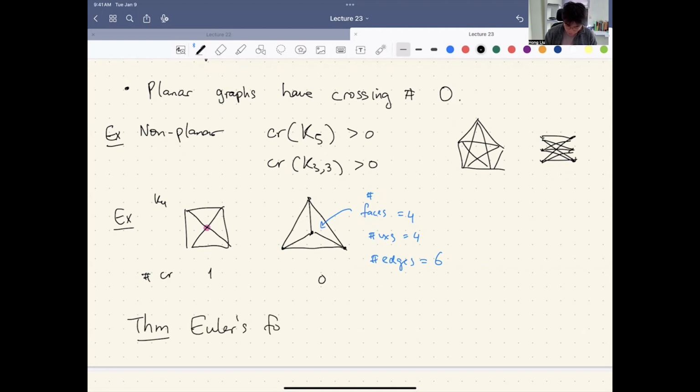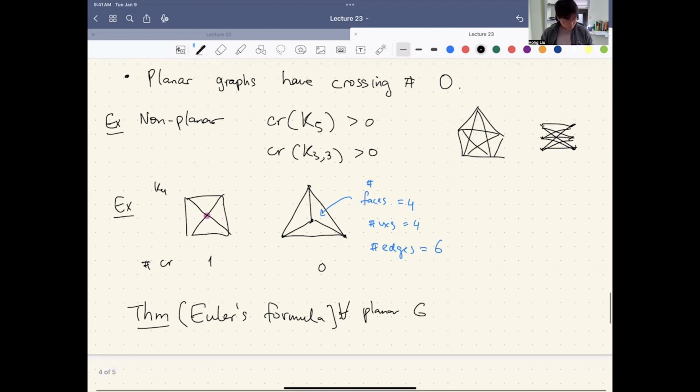So actually, there's a famous Euler's formula for planar graphs. For any planar graph G, we have V minus E plus F equals 2.